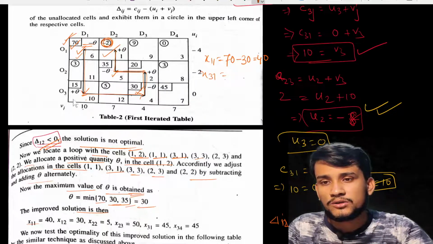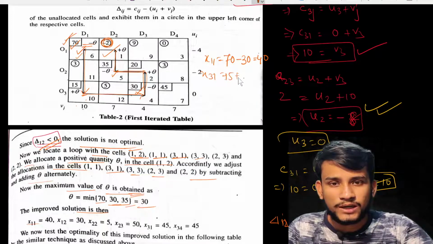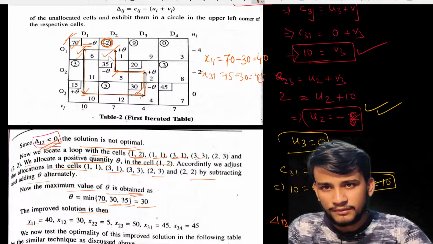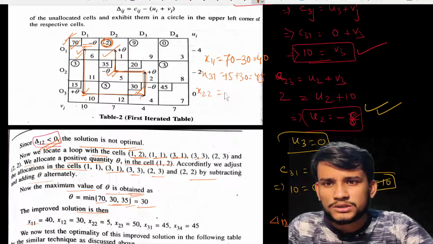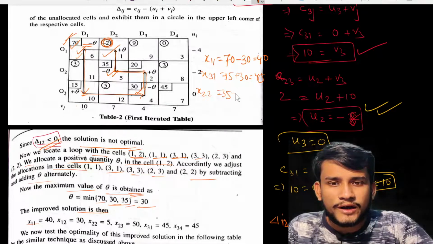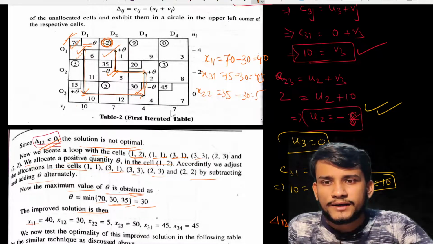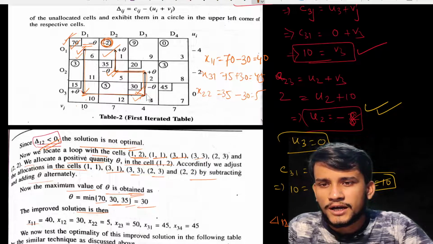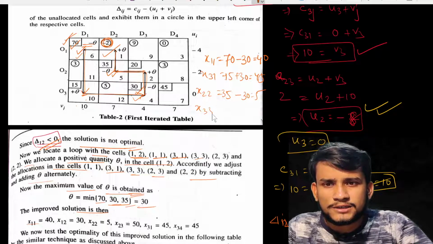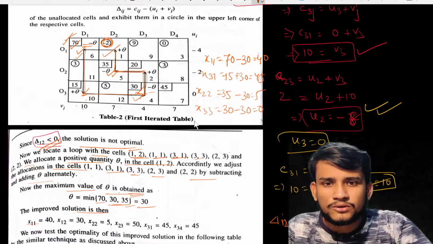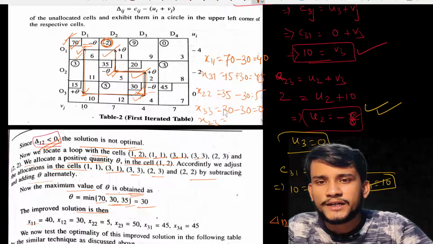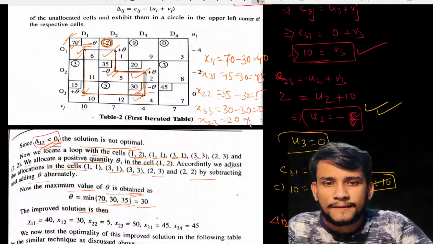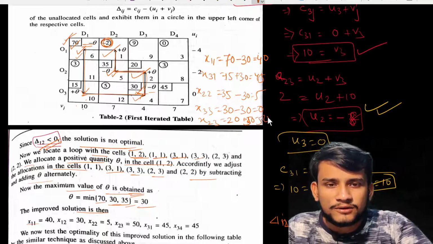x31 equals 15 plus theta, so 15 plus 30 equals 45. Then x22 equals 35 minus theta, 35 minus 30, which equals 5. x33 equals 30 minus 30, which equals 0, and x23 equals 20 plus theta, 20 plus 30, which equals 50.